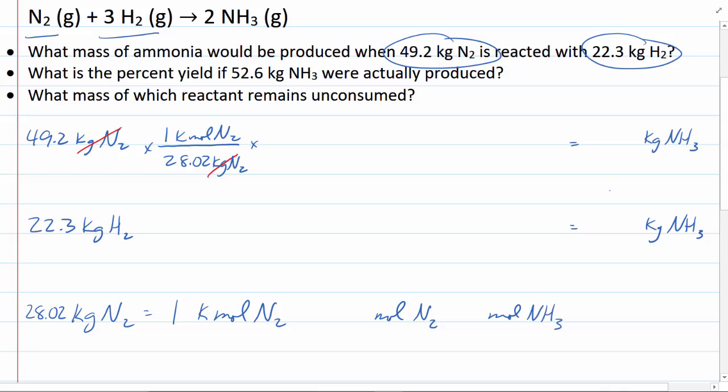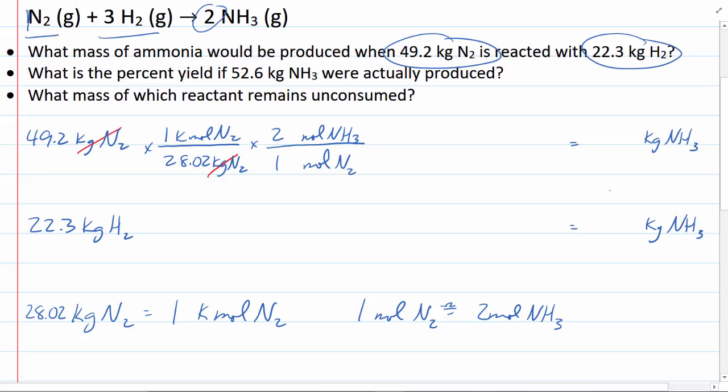And in this particular setup, we see that the coefficients are 1 and 2. So we'd say for every 1 mole of N2, this would be equivalent to 2 moles of NH3. We can then use this as a conversion factor, placing the 2 moles of NH3 up above and the 1 mole of N2 down below.